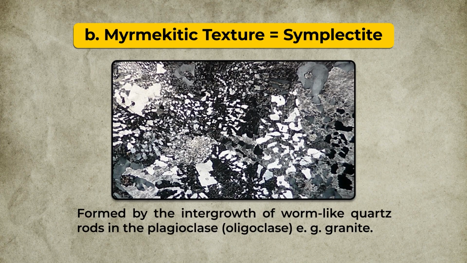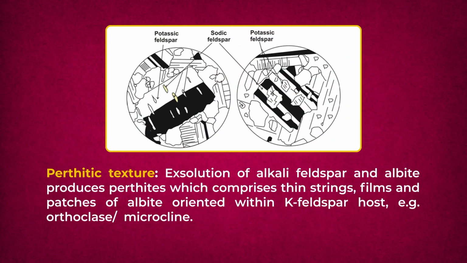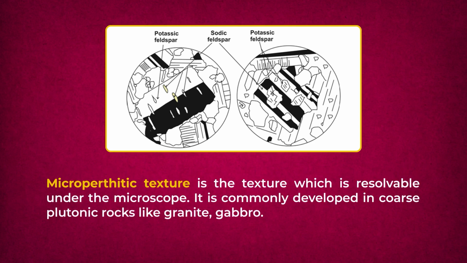Here I am showing the perthitic texture, where the exsolution of alkali feldspar and albite produces perthites, which comprise thin strings, films and patches of albite oriented within a K feldspar host, for example orthoclase or microcline. The microperthitic texture is the texture which is resolvable under the microscope.